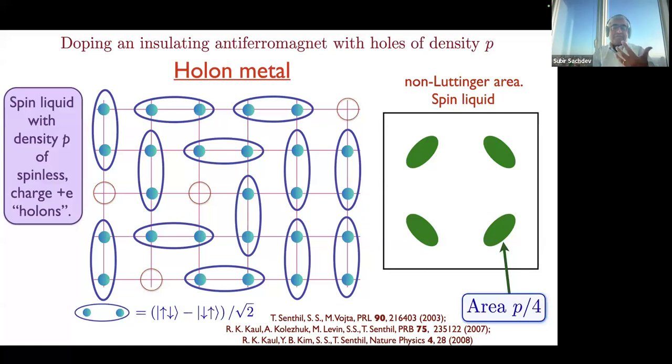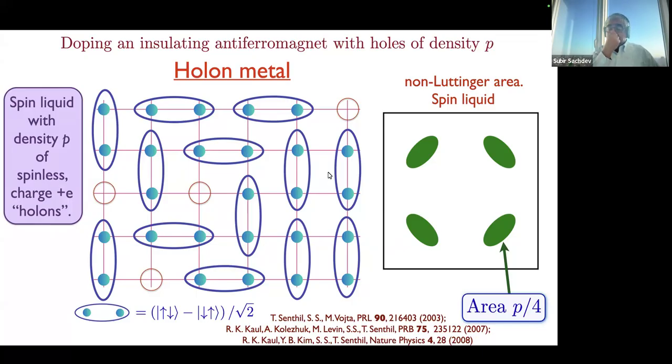So these are anyons. So even in these anyon liquids, there should be a modified Luttinger relation. So the presence of a spin liquid modifies the Luttinger relation. That's kind of what was argued in this paper with Senthil and Vojta. And in particular for this holon metal shown here, again, the area enclosed by the Fermi surface should be just p.